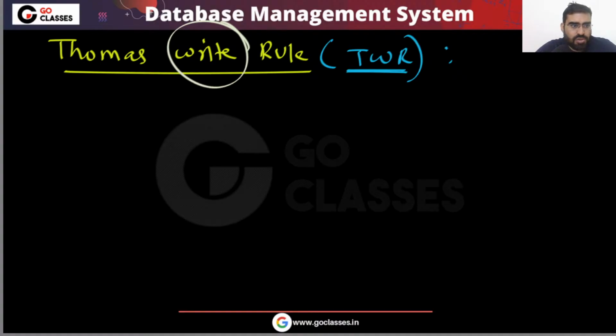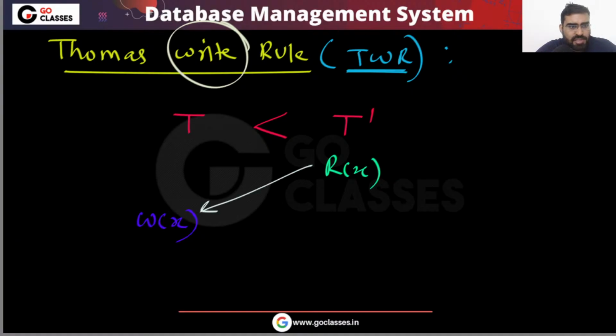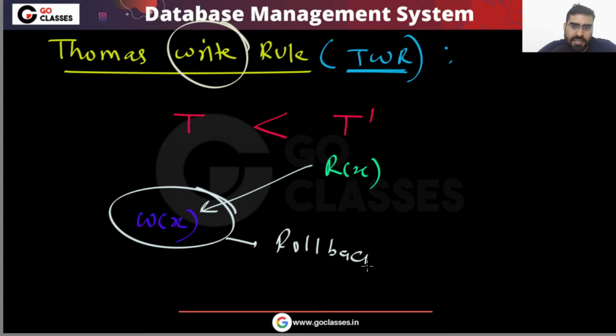This rule says that if you want to do a write operation like this T, and there is this T dash which has already done the read operation, then what should we do? Here it will be the same as your normal TSP, so you will roll back T, because this is a read-write conflict.